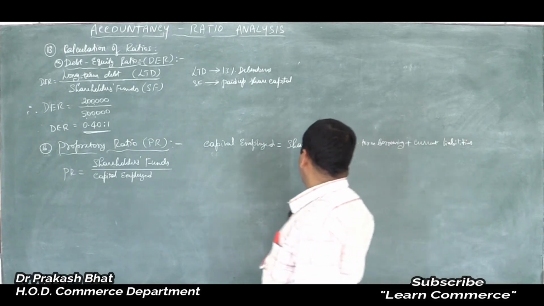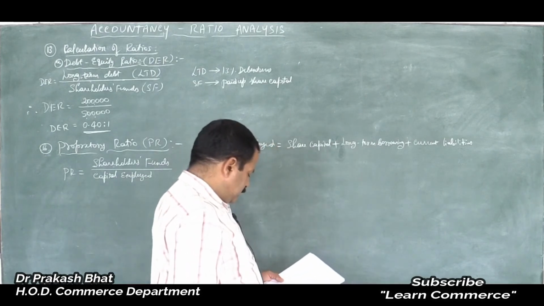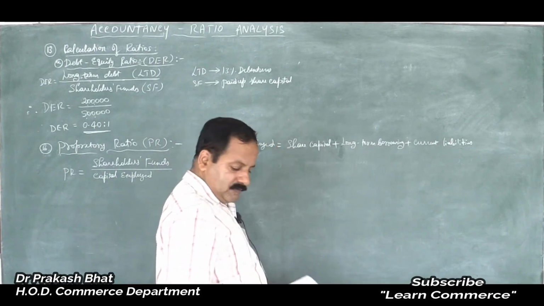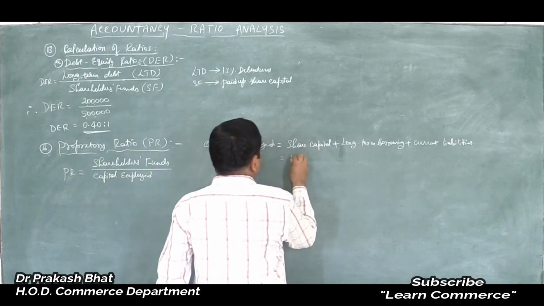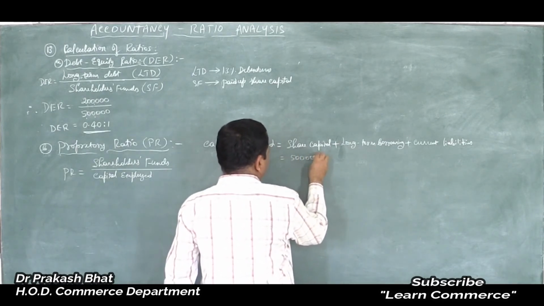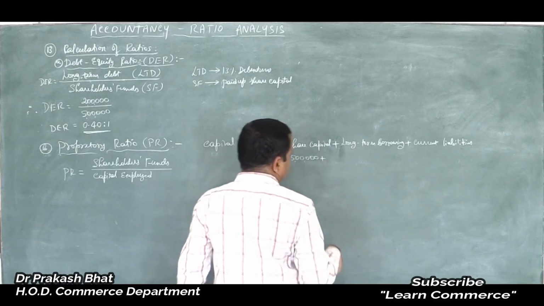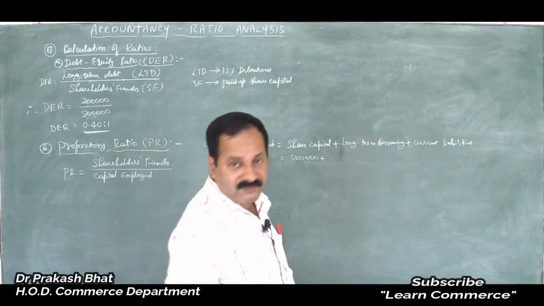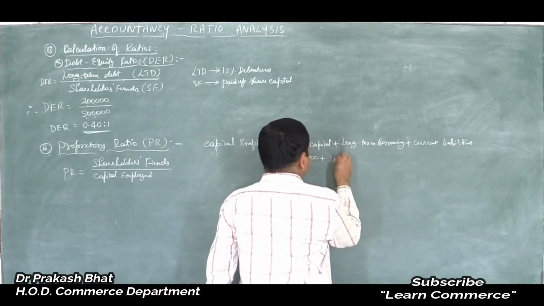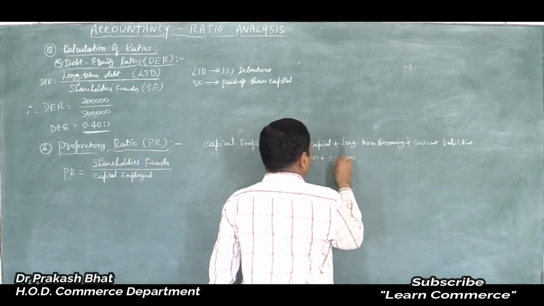Current liabilities. Right here, share capital, how much is it? Share capital 5 lakh. Follow me properly. Plus long term borrowings are there, that is debentures, 13% debentures 2 lakh, right?